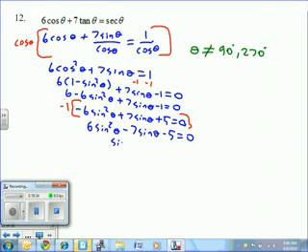Okay. I would let sine theta equal x. And then I would factor. And that should be a 2x there.